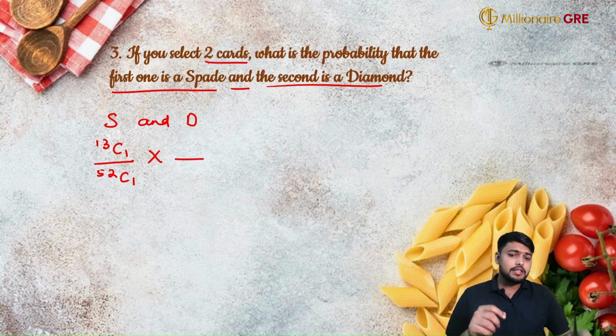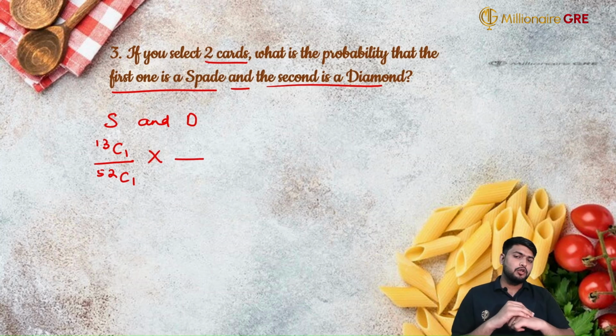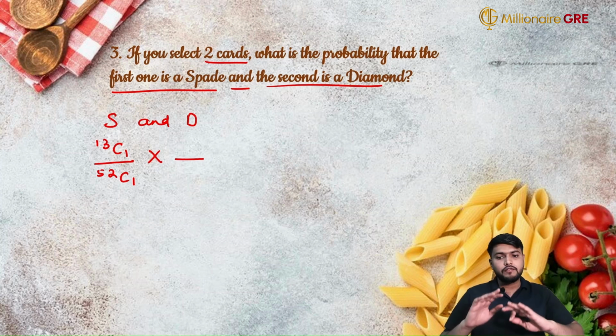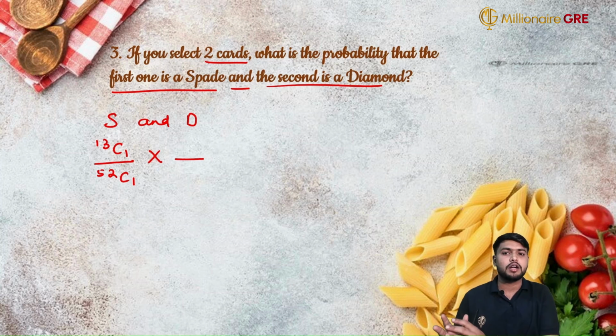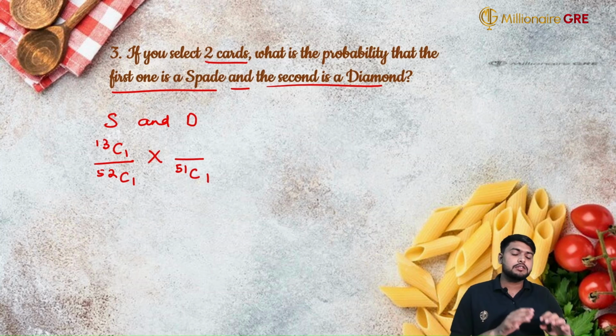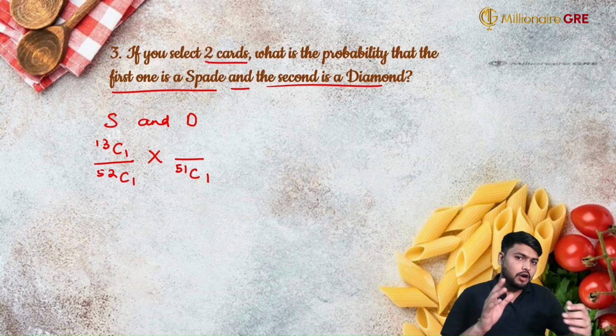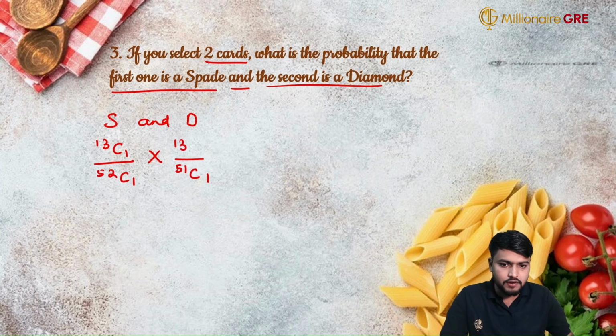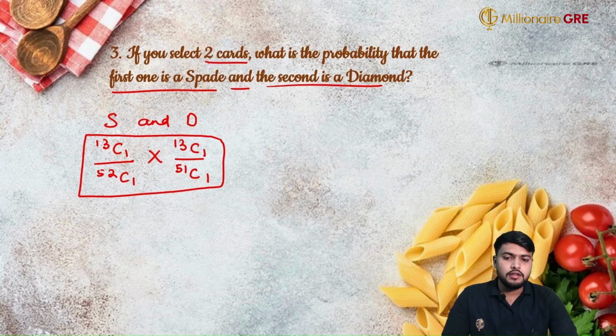When you're selecting the second card, you will pick it out of 51 cards, not 52, because one card has already been chosen. 51C1 is the total number of ways to select one card out of the remaining cards. One diamond out of 13 diamonds can be chosen in 13C1 ways. This is the probability that the first is a spade and the second is a diamond.